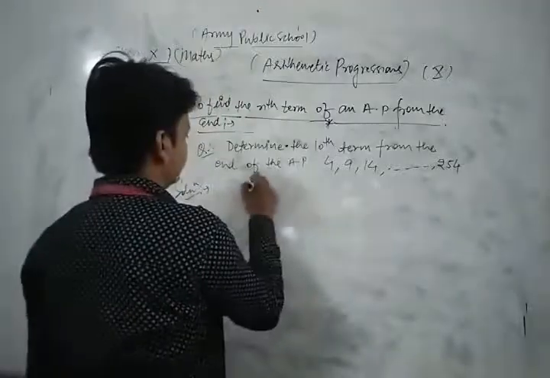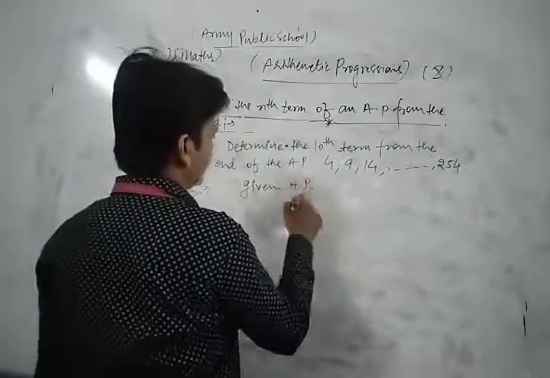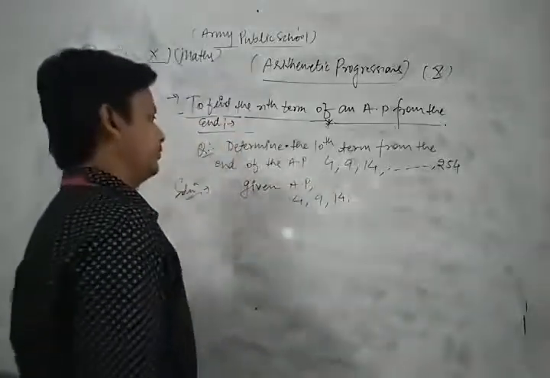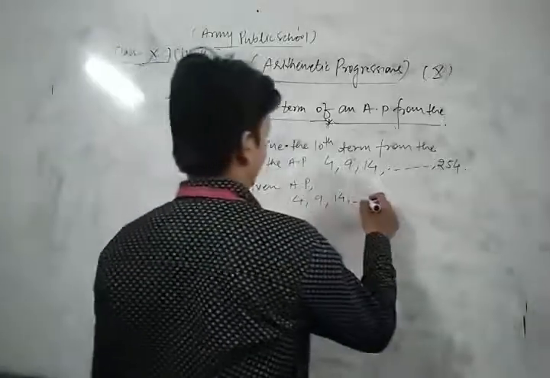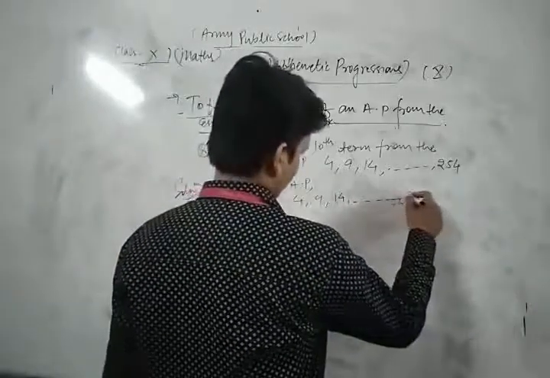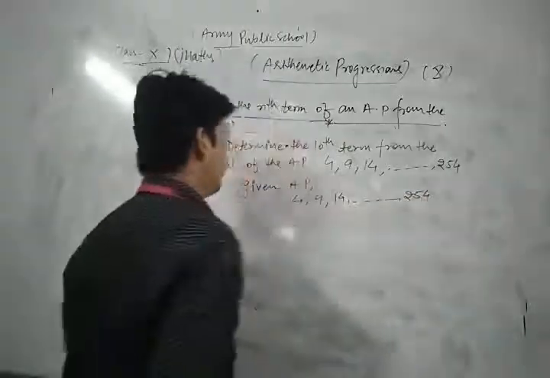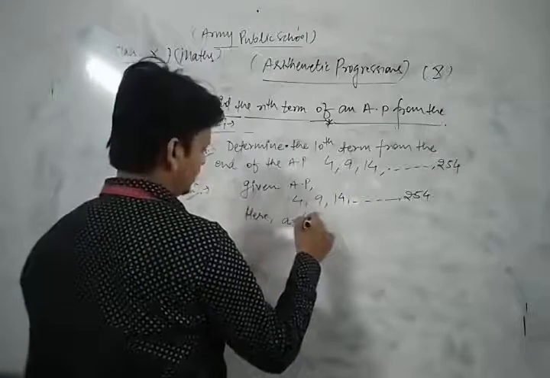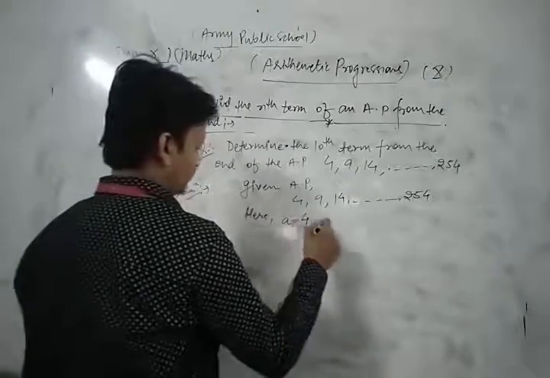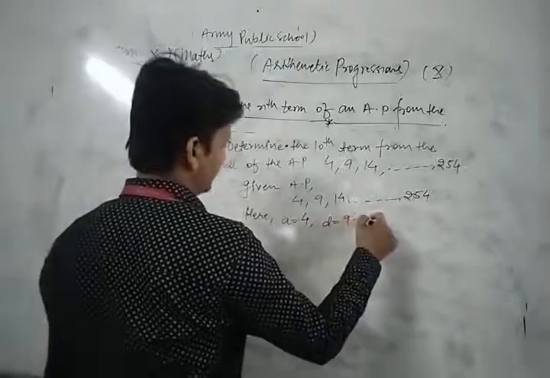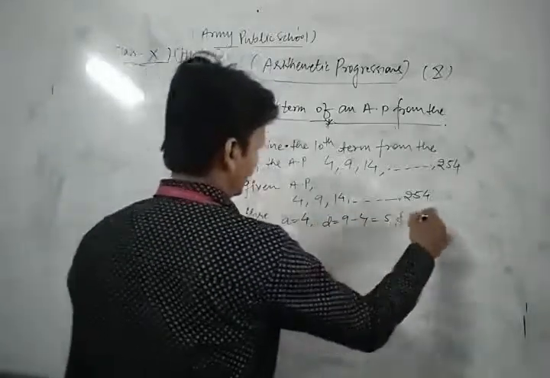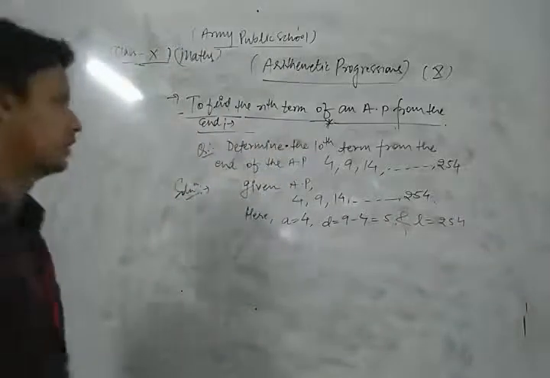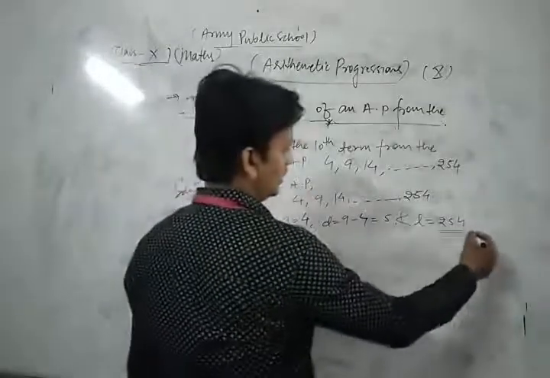The given AP is 4, 9, 14 and so on, up to 254. Here the first term is 4. The common difference is 9 minus 4, that is 5. And the last term is 254. This is the last term of the given AP.